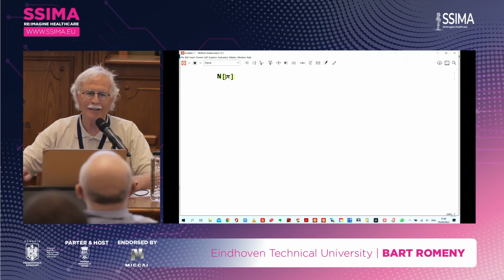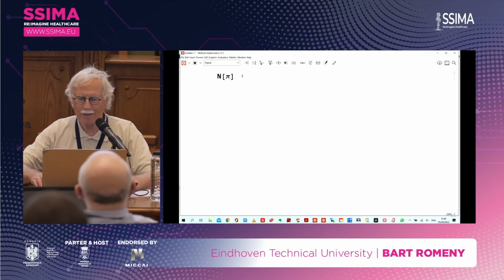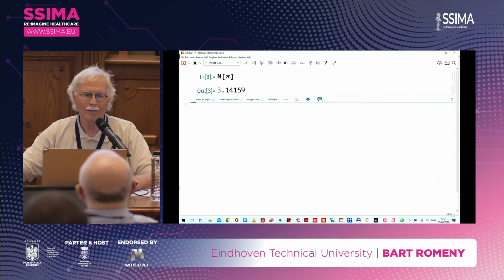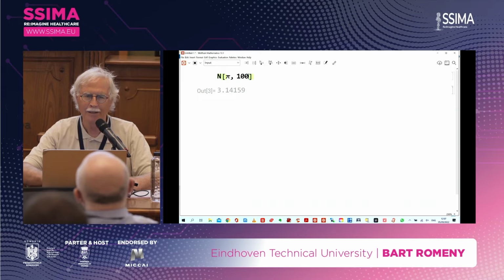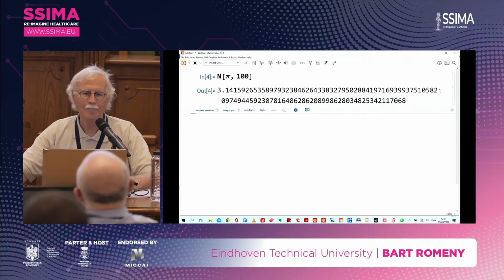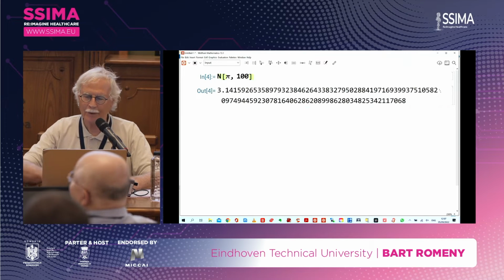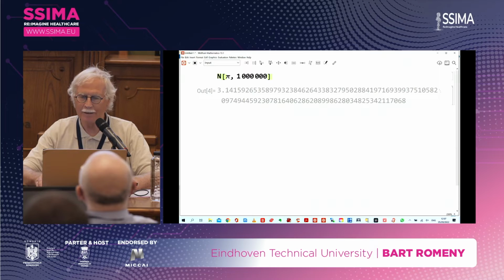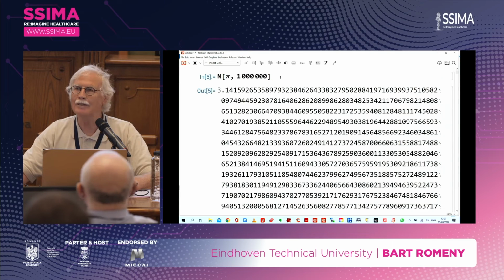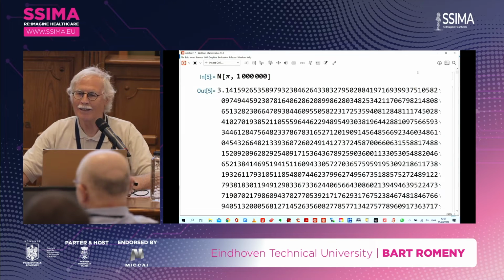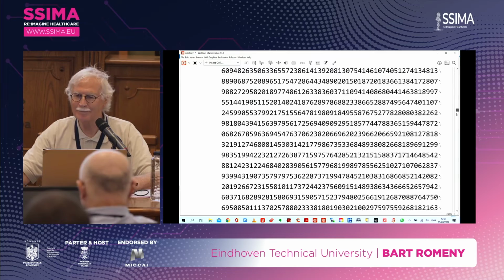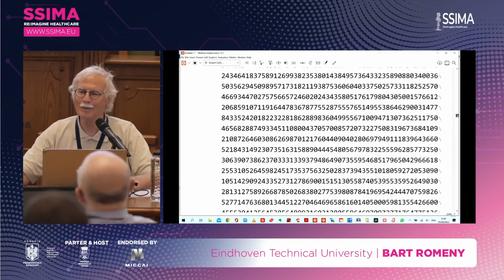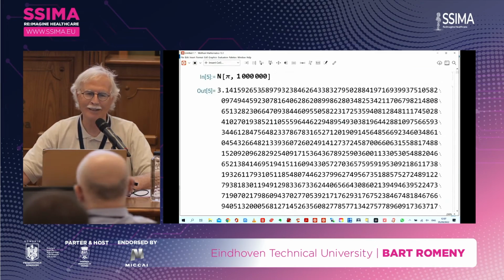If you ask for the numerical value, you get this. But if you ask, let's say, I want 100 digits, you get this. But if you ask for 1 million digits, you get 1 million digits. And it's a pretty long number. But Mathematica is quite precise.